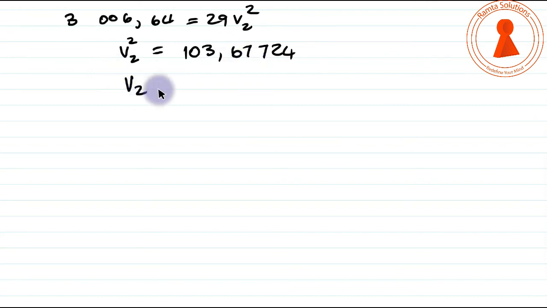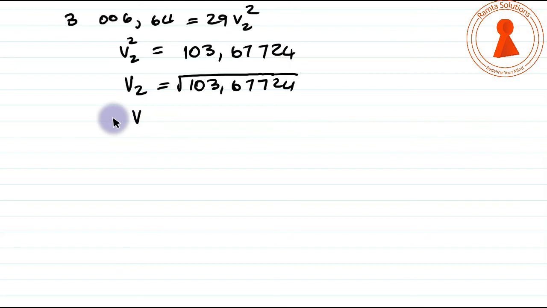So v2 equals the square root of this, and therefore v2 equals 10.18 meters per second. So you see, now we have calculated.